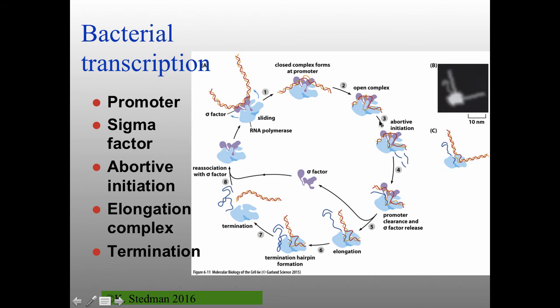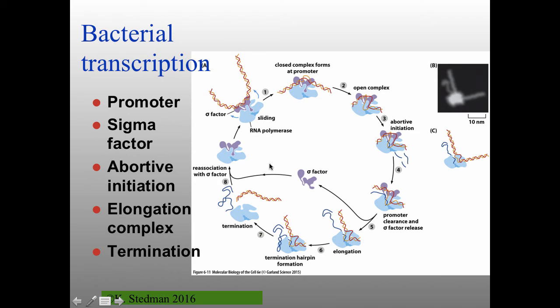Yeah? The book talks about abortive initiation as being a way to dislodge the sigma factor due to a strong bond. Okay, so here, yeah. The book talks about sigma factor dissociation here and abortive initiation. It seems that the sigma factor dissociation has to do with the transition from abortive initiation to elongation.